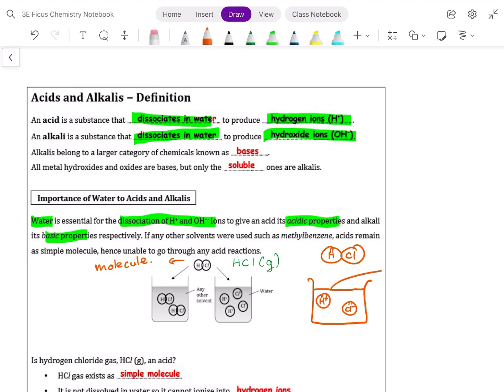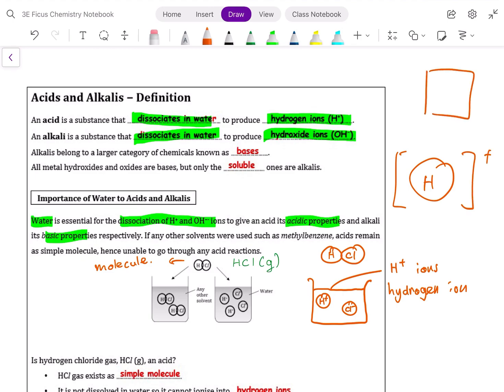This is your H+ ions, or if you name it out, it's called your hydrogen ions. I mean hydrogen without any electron already, because hydrogen only has, if you refer to your periodic table, 1 proton and 1 electron. There are no neutrons.